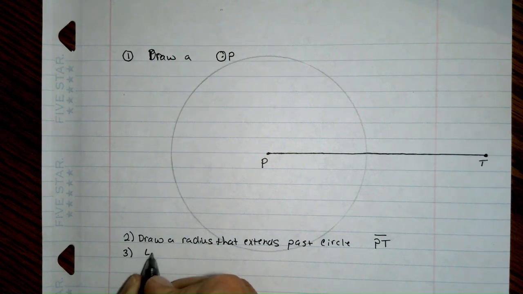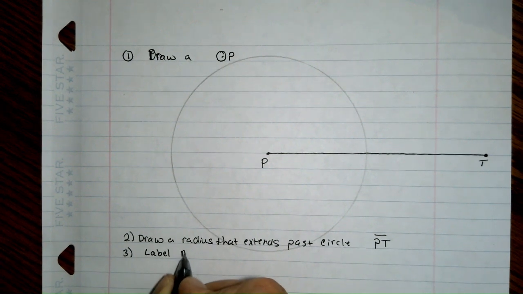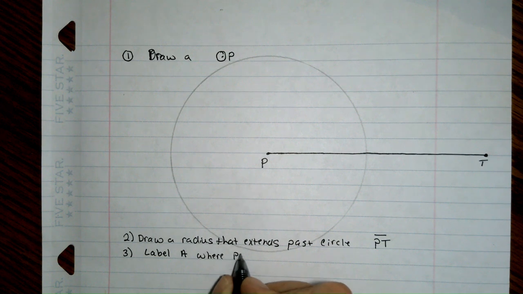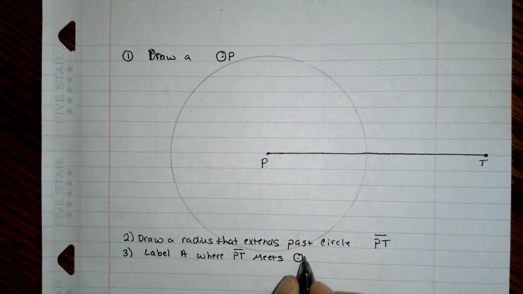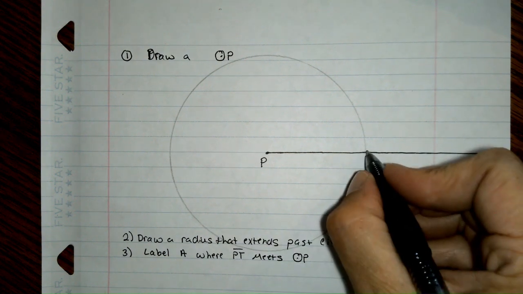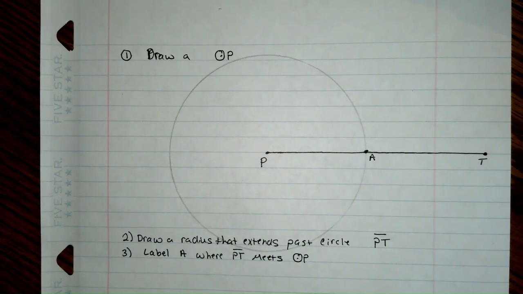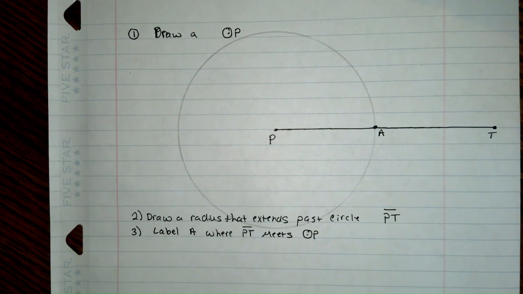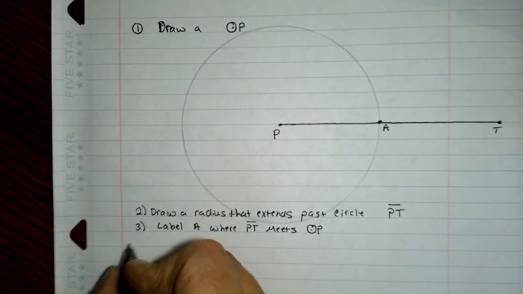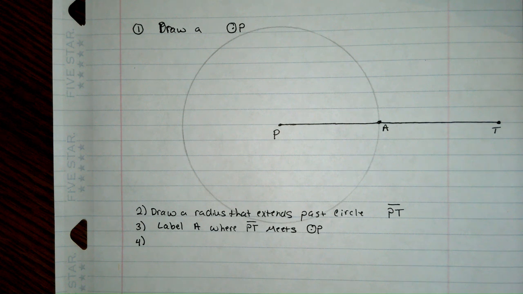Step 3, label A, where PT meets circle P. Done. Okay. Step 4.